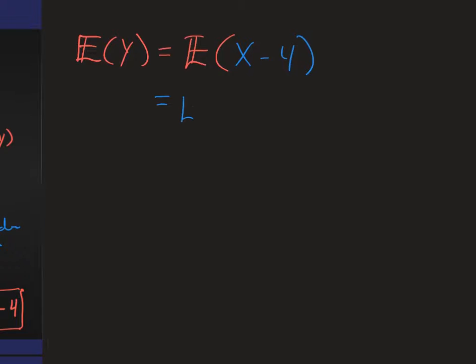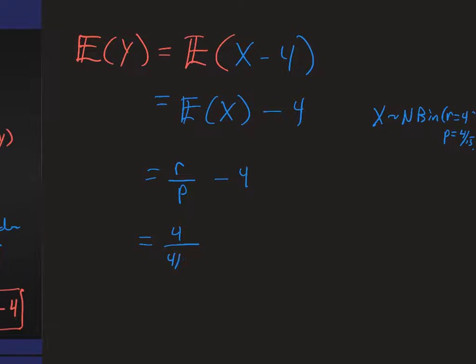And using the linearity of our expectation operator, this is the expected value of X minus 4. Now, keeping in mind that X is negative binomial, with R equaling 4 and P equaling 4 out of 15, the expected value of X is going to be R over P, which in our case is 4 over 4/15.